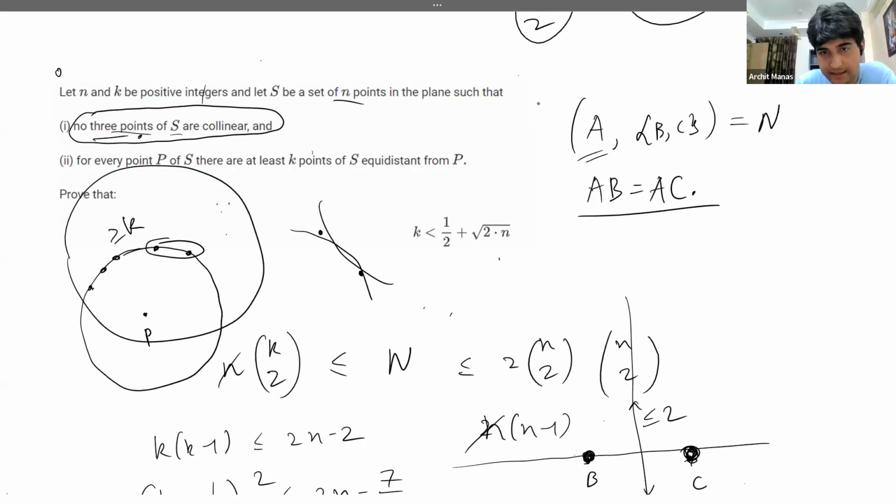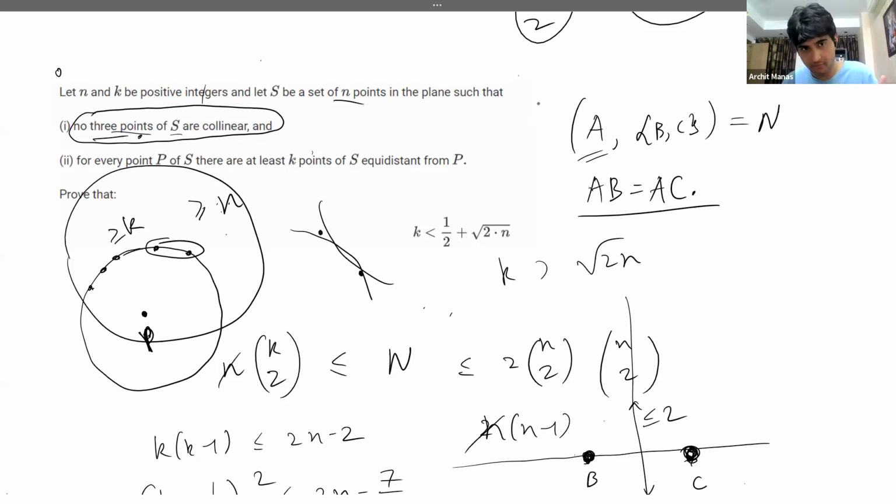And yet, if k is greater than root 2n, then for every point P, you're able to produce at least of order n pairs that lie on a circle together, that lie on one of these circles. And if you go over all the n points, this is giving you at least n squared pairs.